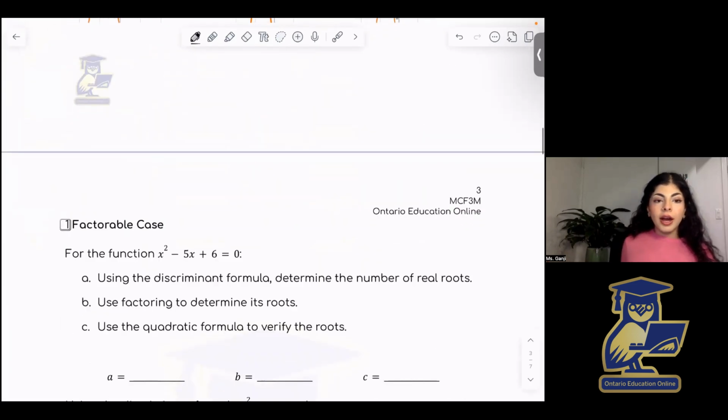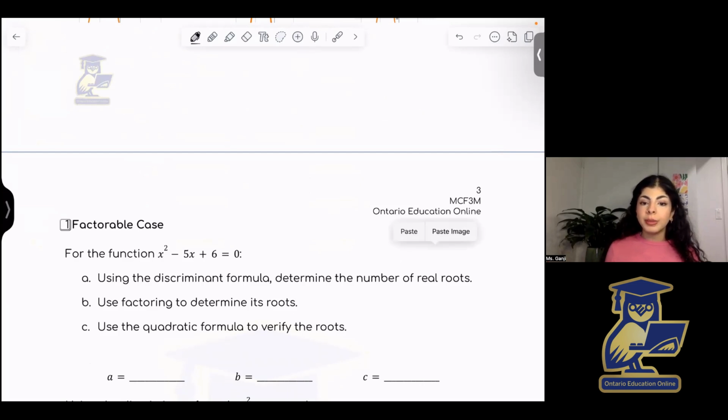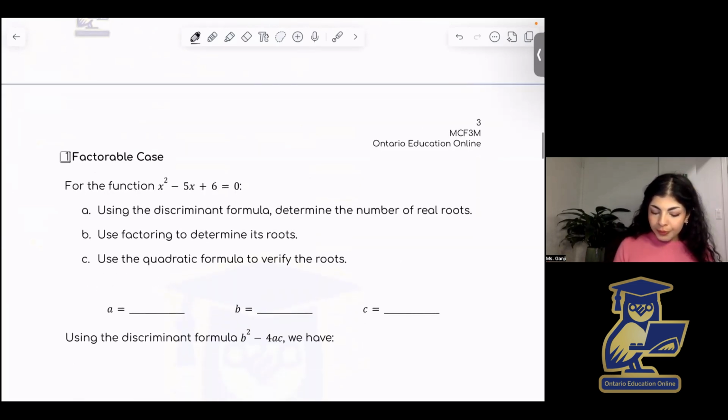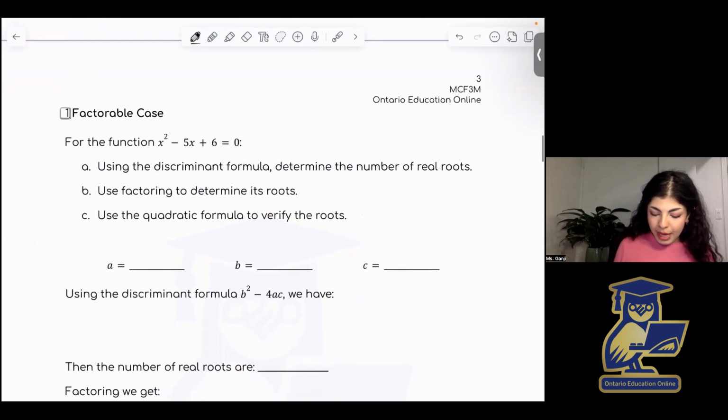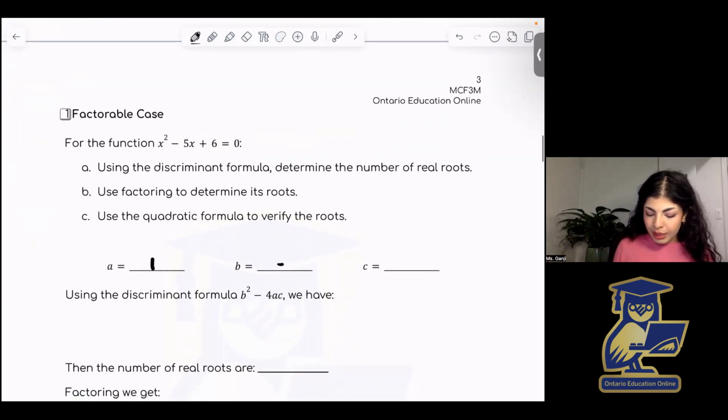Now let's look at our first example where we have x squared minus 5x plus 6, and you're asked to first find the discriminant to determine the number of real roots. So let's start by setting up a, b, and c. A is 1, b is negative 5, and c is 6.